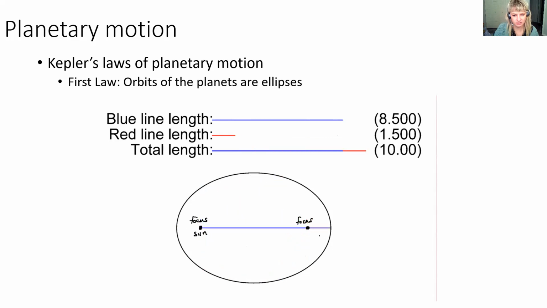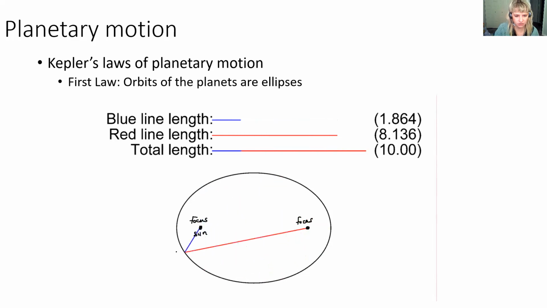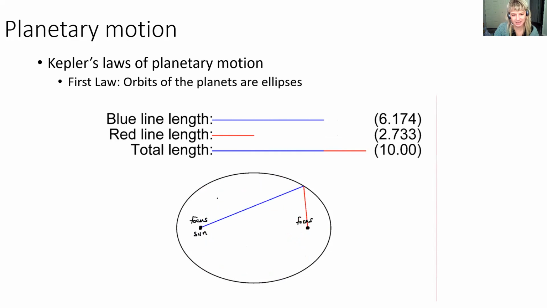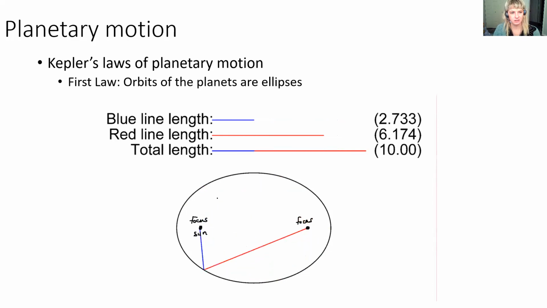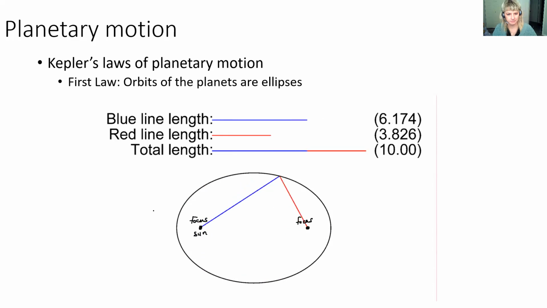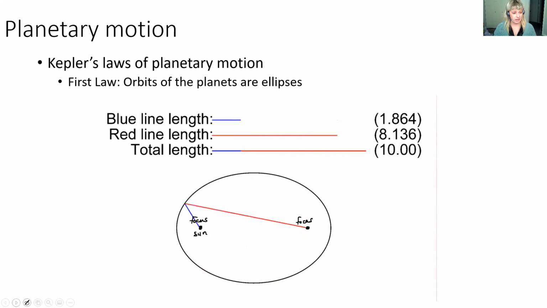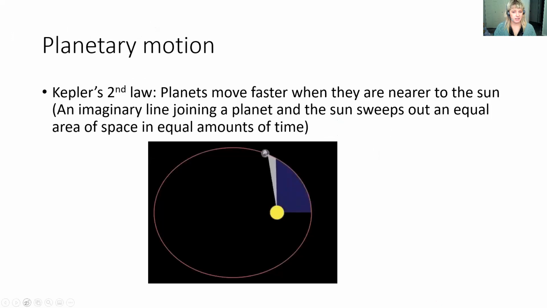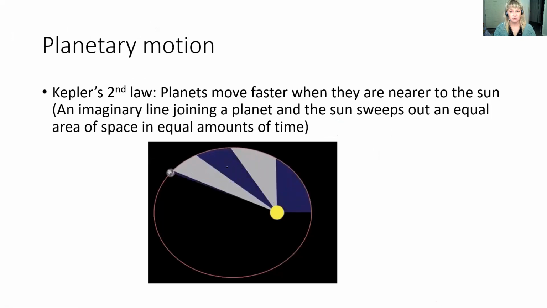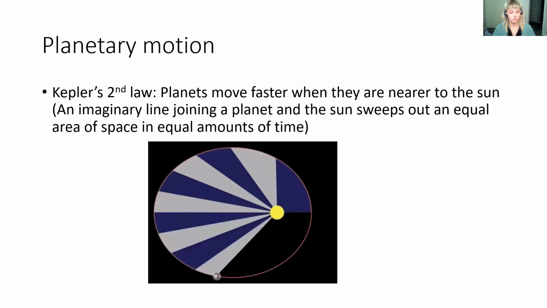Earth's orbit is almost practically circular in nature, but it's slightly stretched. So we say that it's an ellipse. So that was his first observation: the orbits of the planets are ellipses. His second law states that planets actually move faster when they are closer to the sun, and they move slower when they are further away.